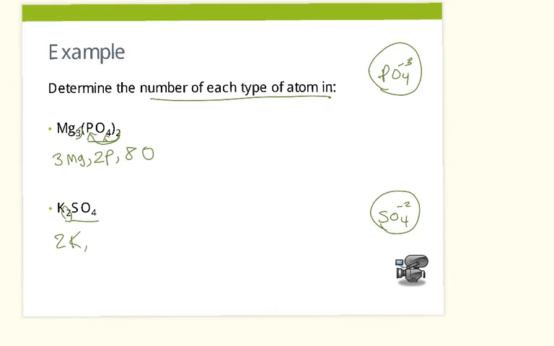However, I want to know the type of atom. So how many sulfur do I have in this particular compound? I have 1 sulfur. And how many oxygens? I have 4 oxygens because I do not have the parentheses. I don't have to write this as SO4 with a 1 on the outside because that's assumed.